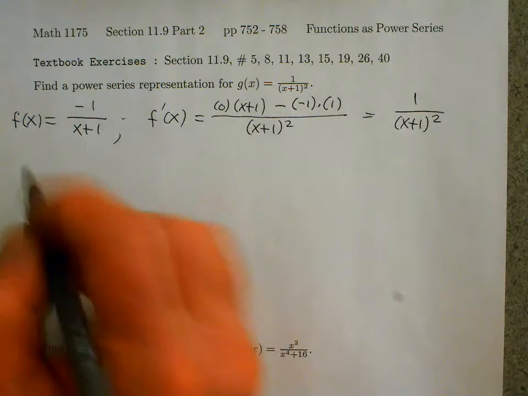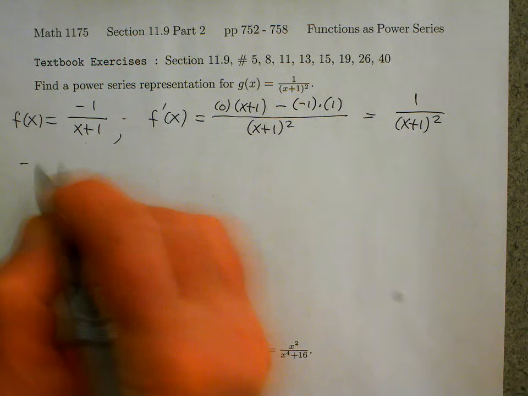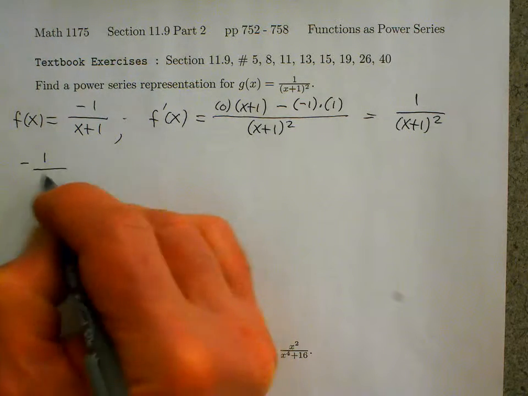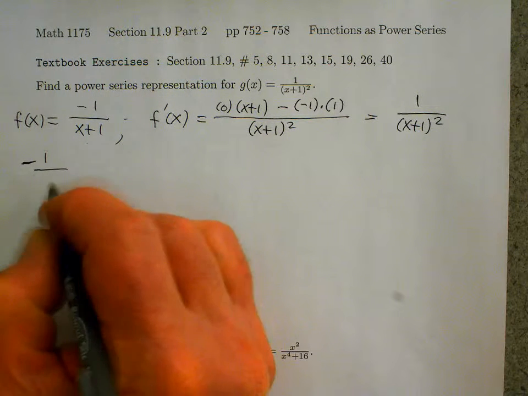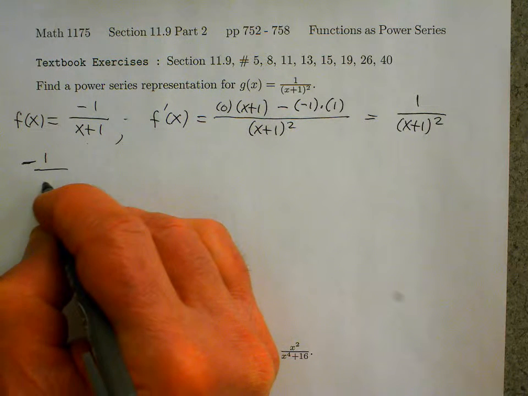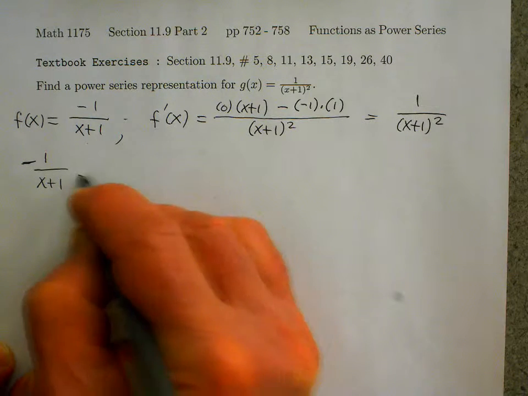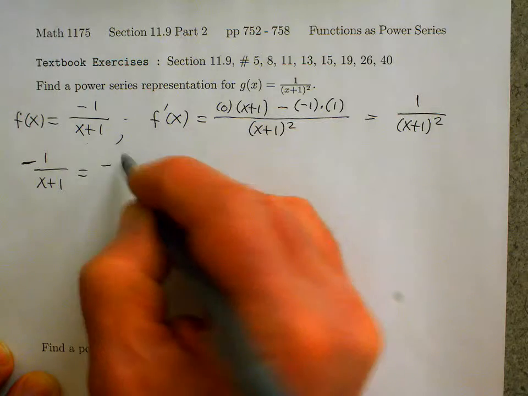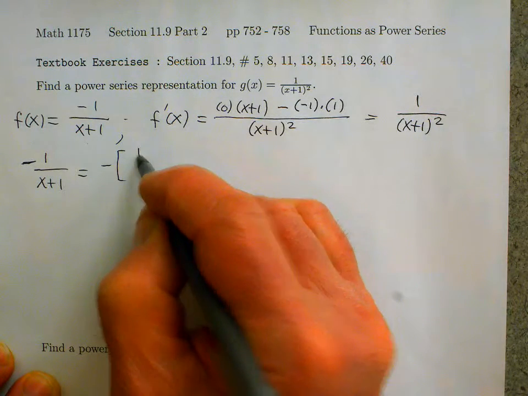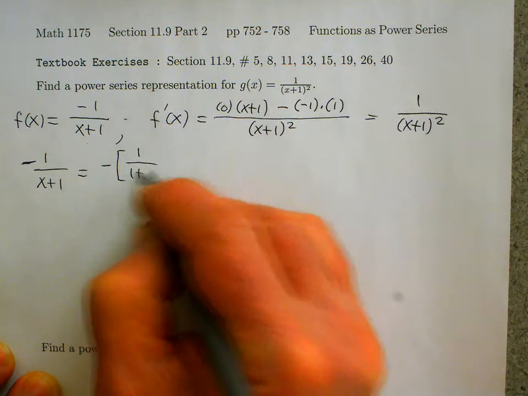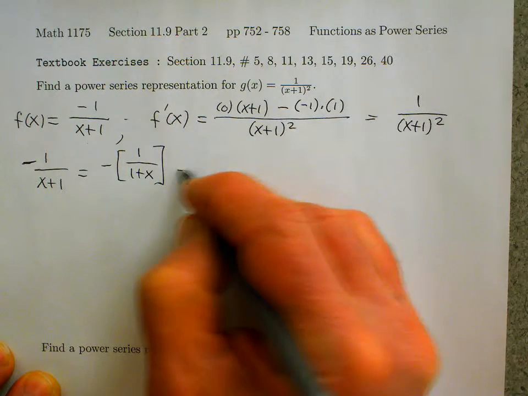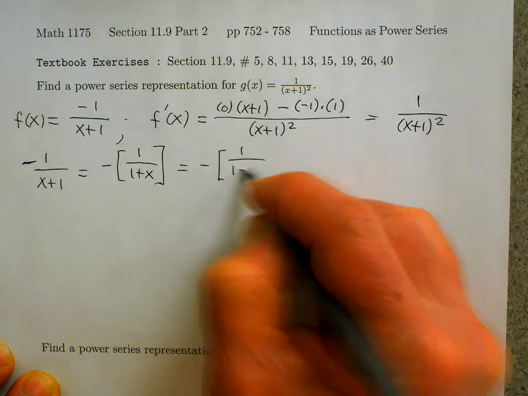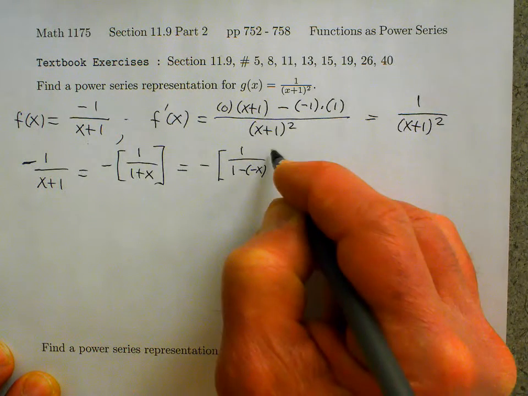Okay, so we've seen the power series representation for 1 over x plus 1 a few times. But here we're just taking the negative of that, negative 1 over x plus 1. So think of this as the negative of 1 over 1 plus x, which is the negative of 1 over 1 minus negative x.